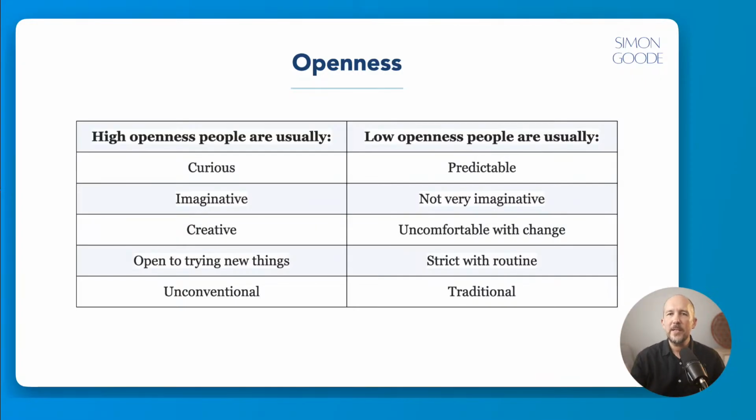Someone who's low in openness, by comparison, are often quite predictable. They're not as imaginative. They often like the facts, the data, give me the information. They're uncomfortable with change, or they might be more uncomfortable for a longer period, potentially. They often like to stick to routine.